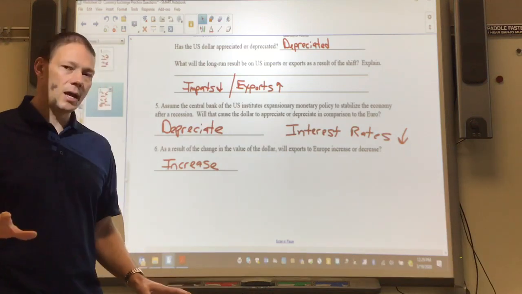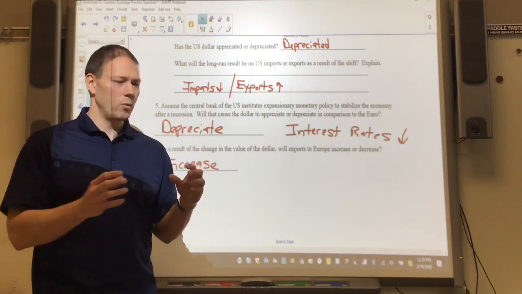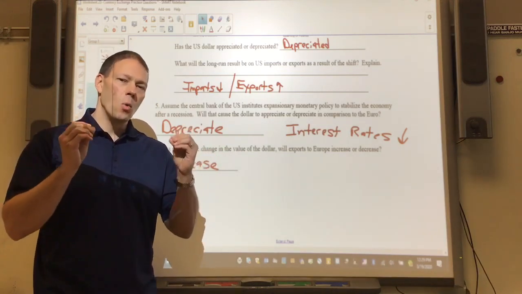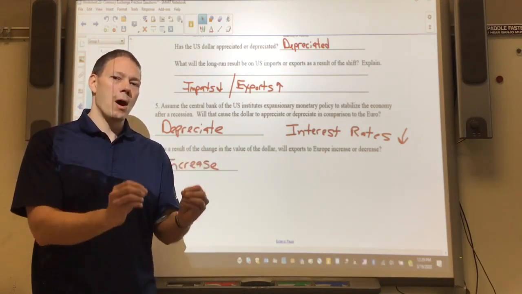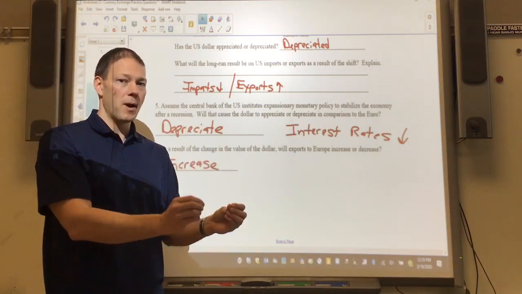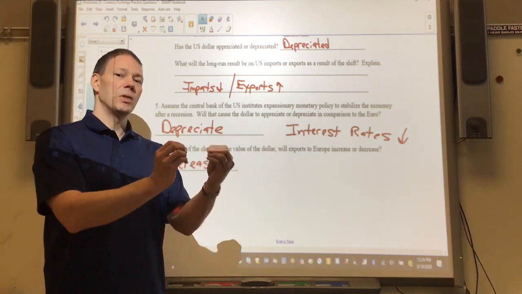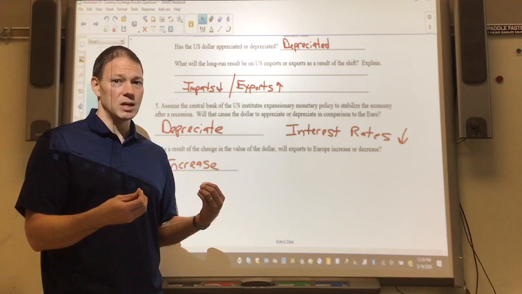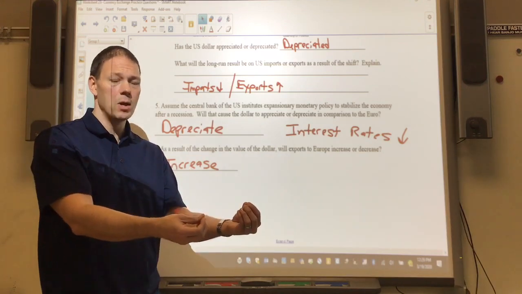At the end of the day, whatever scenario they give you doesn't matter. You want to ask yourself the question, where do people want to buy or invest? If the scenario causes more people to want to buy or invest in a particular country, the demand for that currency is going to increase. Or you could also say the supply of that currency is going to decrease because they want to keep their money at home.